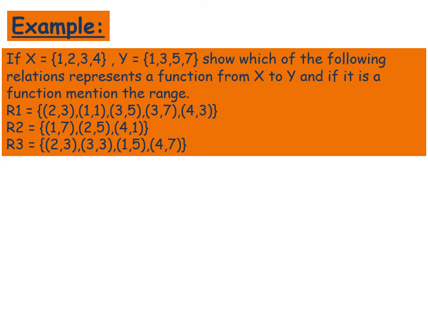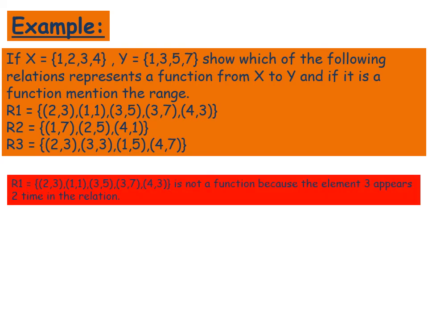So the element 3 in x is connected twice, first time with 5, second time with 7. So R1 is not a function because the element 3 appears twice in the relation.